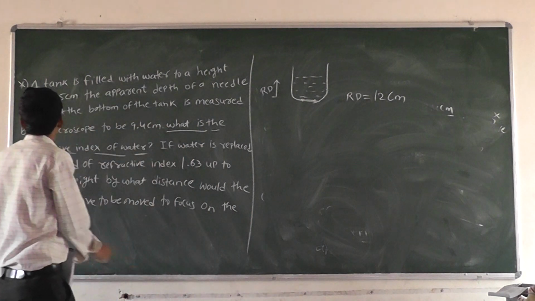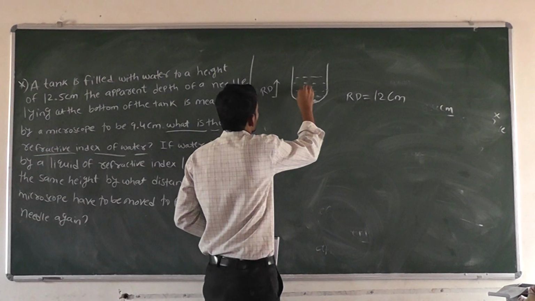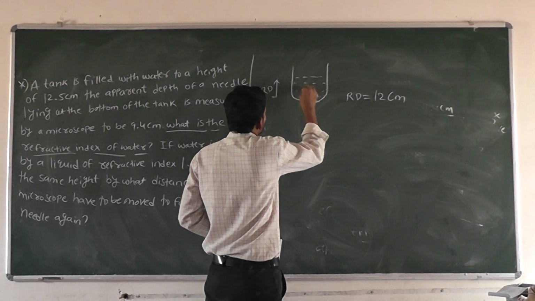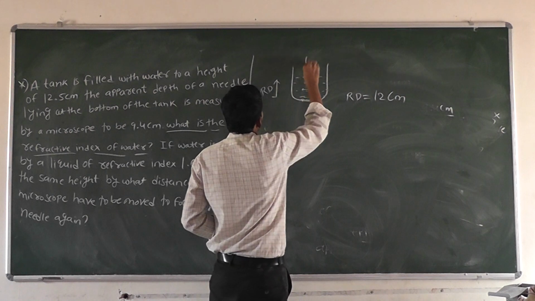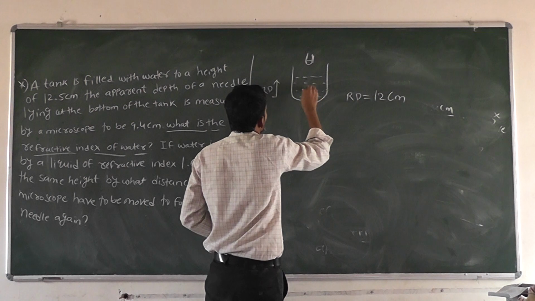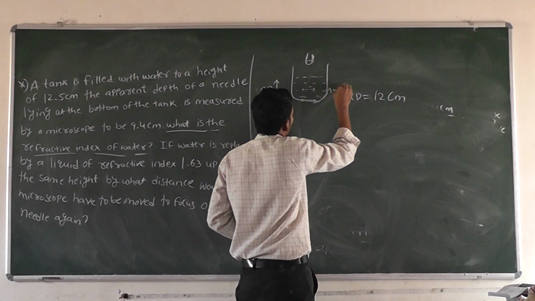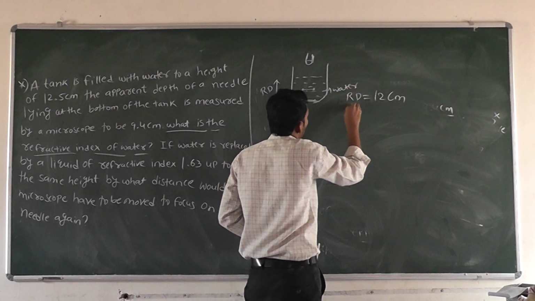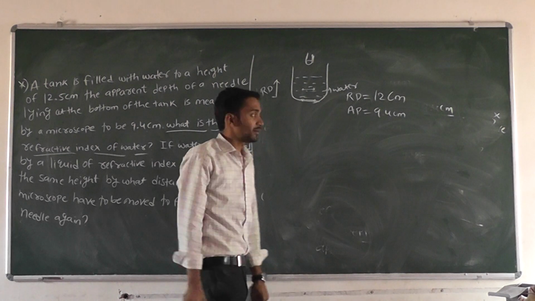When we observe from a microscope, the apparent depth will be 9.4 centimeter. The apparent depth means the position of the needle when we view it from a microscope, which is 9.4 centimeter.